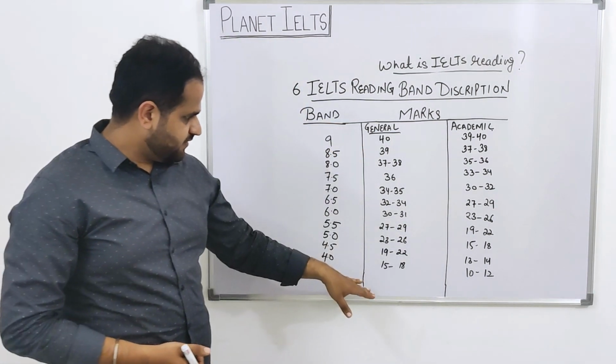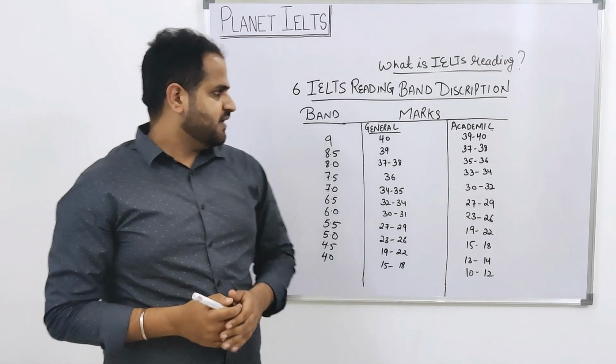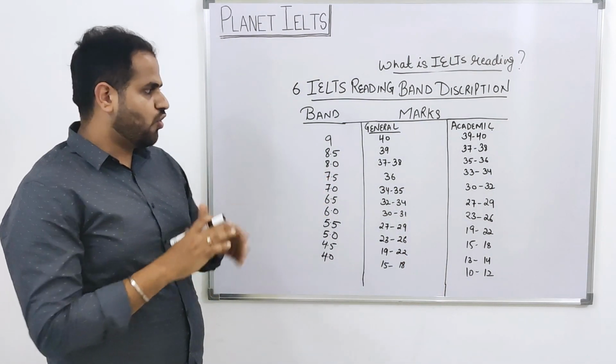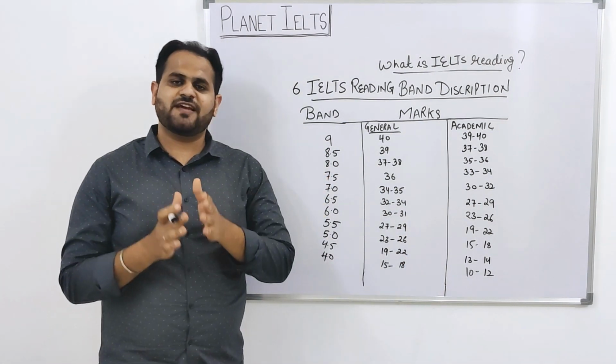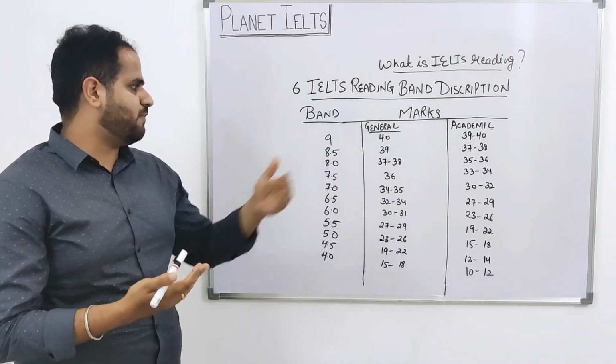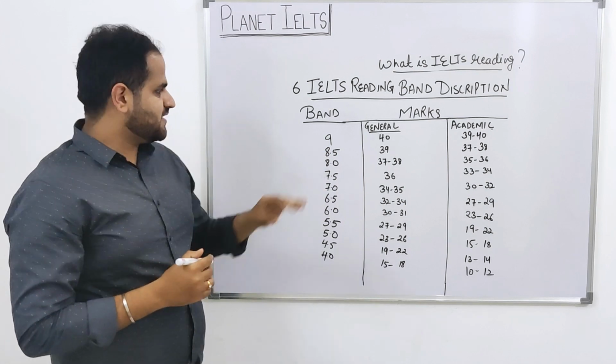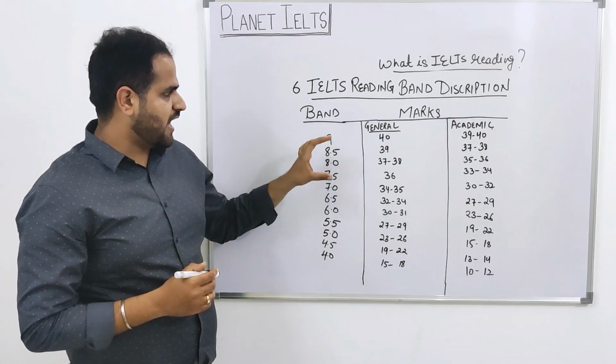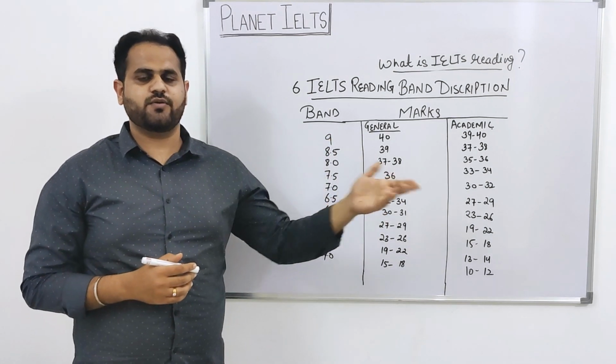So you have seen the pattern. It is clear that although the passages are very easy in general, it is very hard to score bands in general. For the same band score, you need to have more marks in general compared to academic.